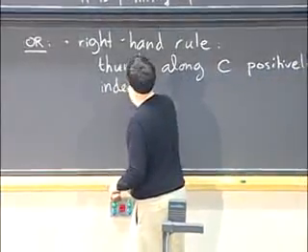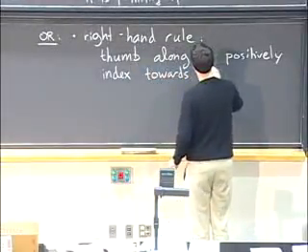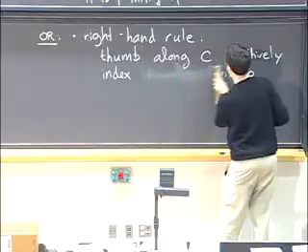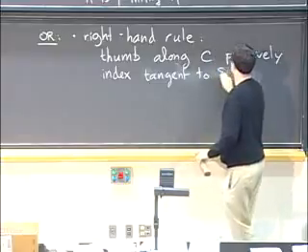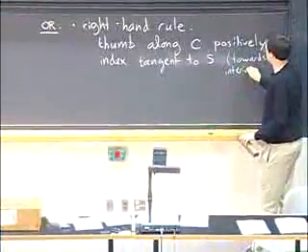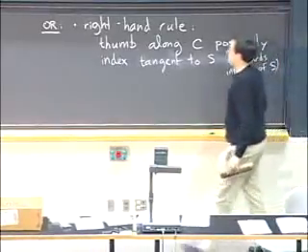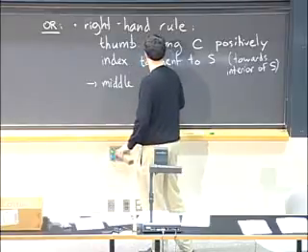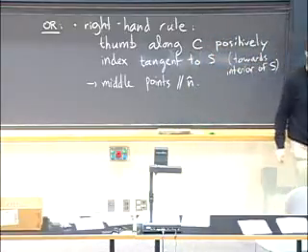The index finger tangent to S towards the interior of S. So what I mean by that is really the part of S that's not its boundary, okay? So the rest of the surface. Then the middle finger points parallel to N. Okay?